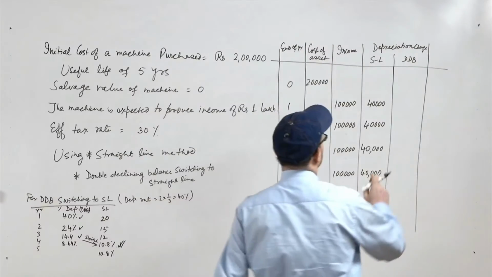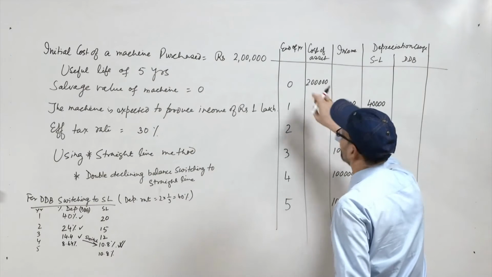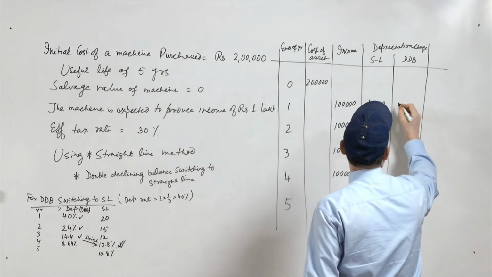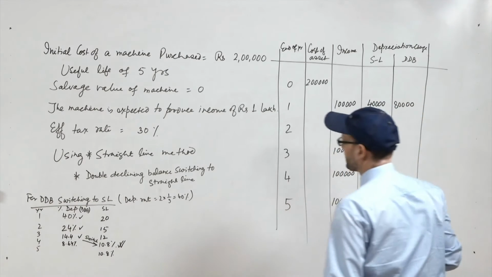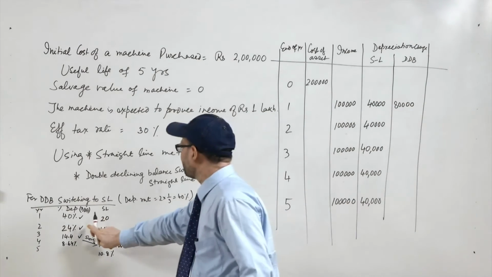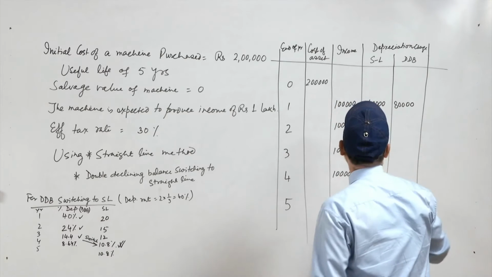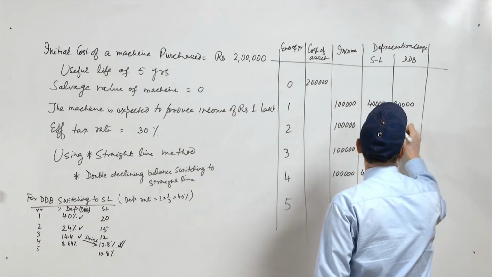So, this is 40% of 2 lakh, so it will be 80,000. Then 24% of 2 lakh, so this is 48,000.